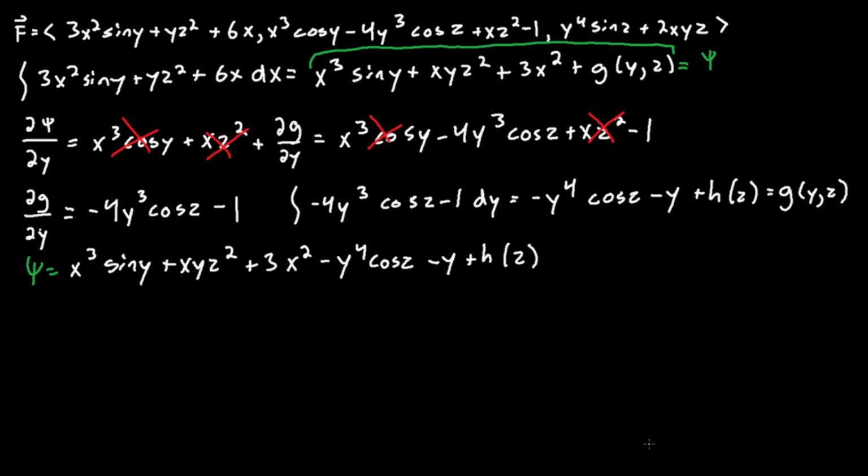Now what do we do next? Well, we just do the same steps again. We're slowly uncovering the clues for our potential function, and we take the z partial again of what we have here. Let's box this in. I'm going to use the line tool, that's so much better.